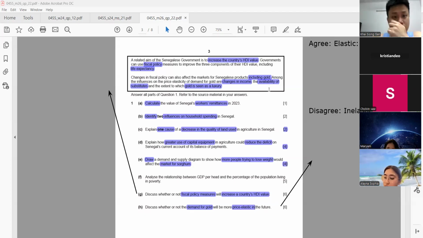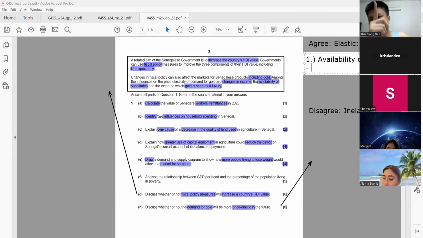They are substitutes. Very good. Okay, first one: the availability of substitutes. One mark. Explain. What are the substitutes for gold? Silver, platinum. Very good. Give an example.